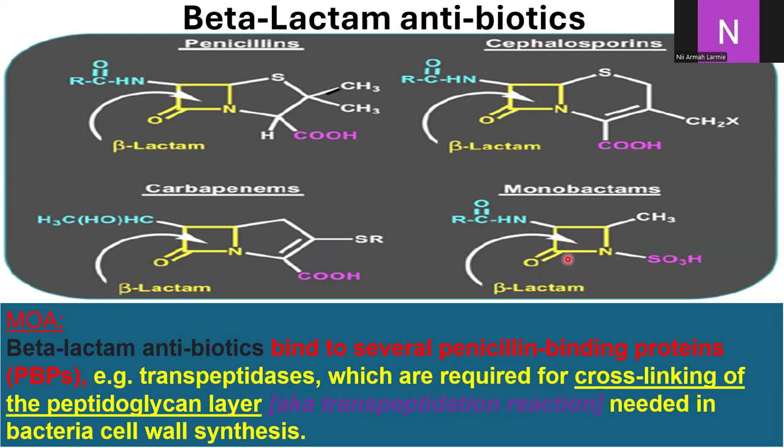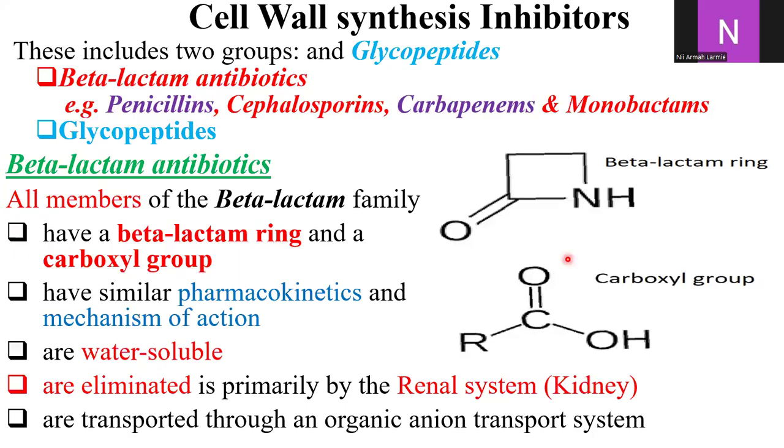The point is, all these antibiotics have the beta-lactam ring, and that's why we call them beta-lactam antibiotics. Know that the presence of the beta-lactam ring is what confers on them the ability to inhibit cell wall synthesis. And we will look at how they do that shortly.